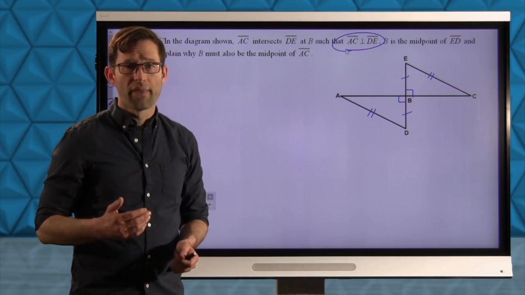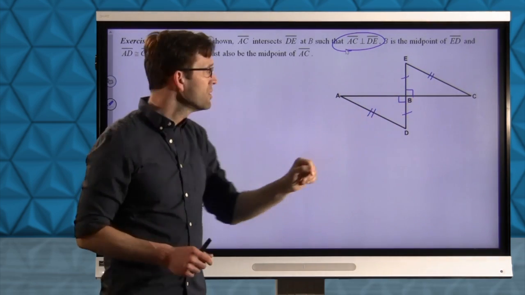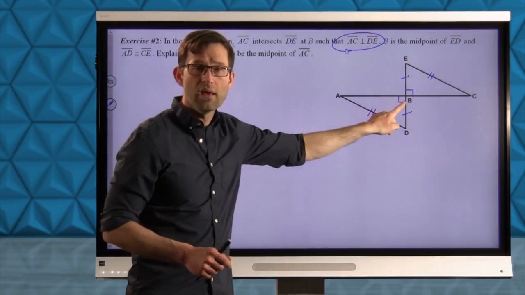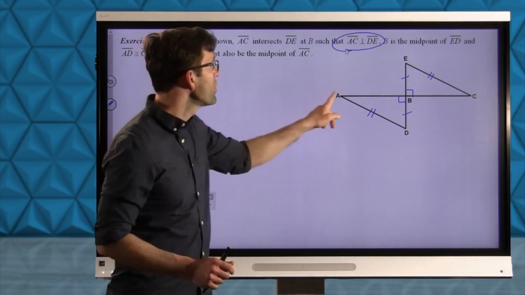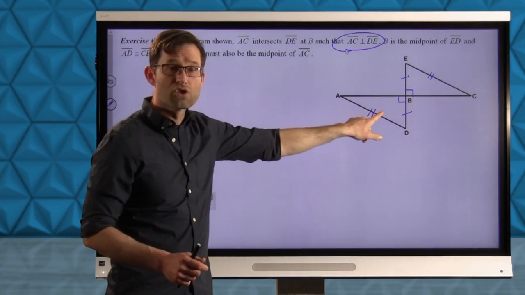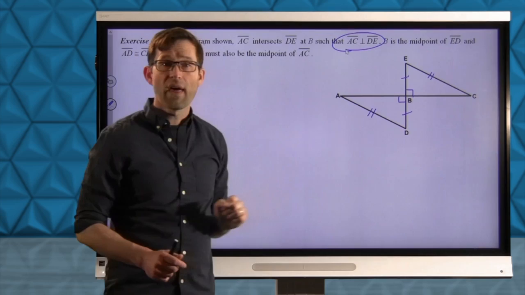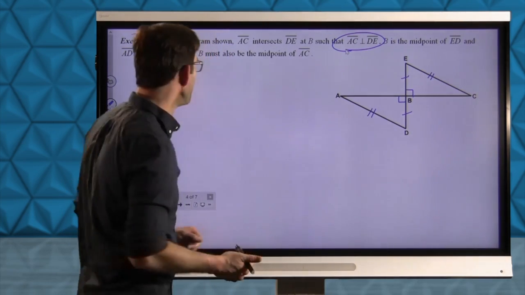In order for B to be the midpoint of AC, we really have to show that AB and BC have the same length. In order to show that, what would be nice is to be able to show that this triangle is congruent to that one. And we have enough. So let's go through it.